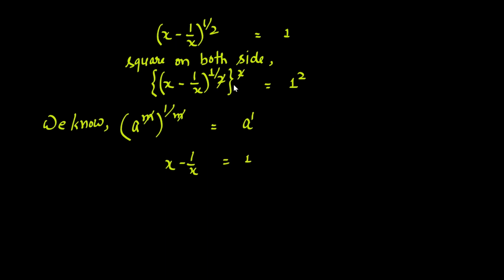This 2 will be cancelled out by this 2. So our expression is now (x − 1)/x is equal to 1. It will be x² − 1 is equal to x. Just by taking the LCM, it will be x² − x − 1 is equal to 0.